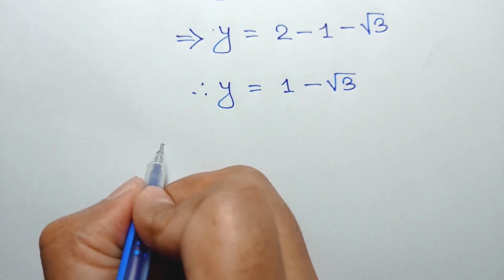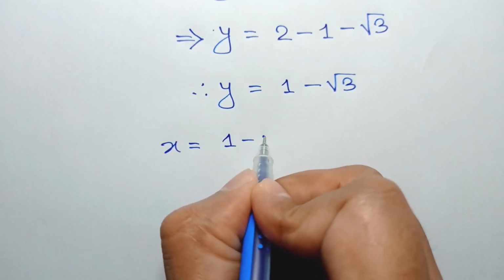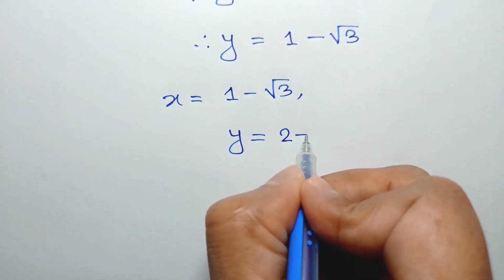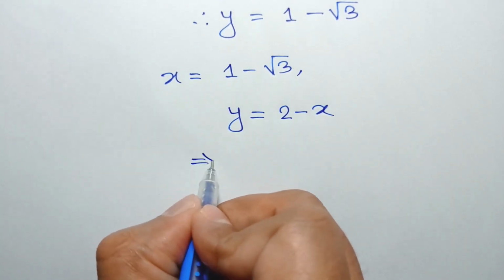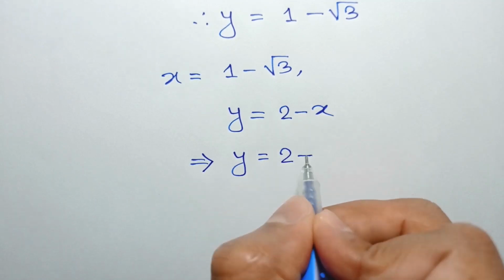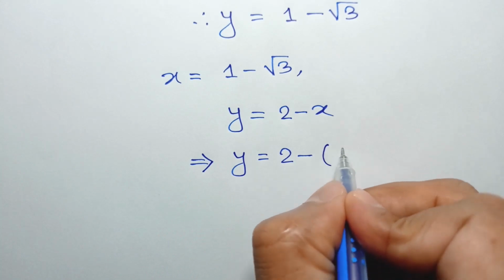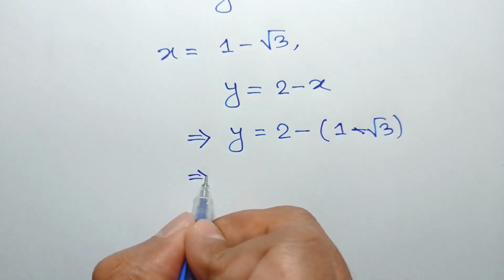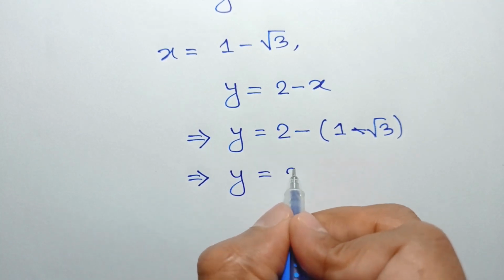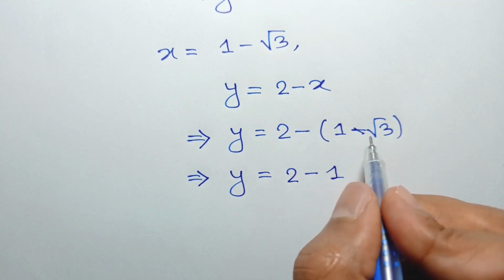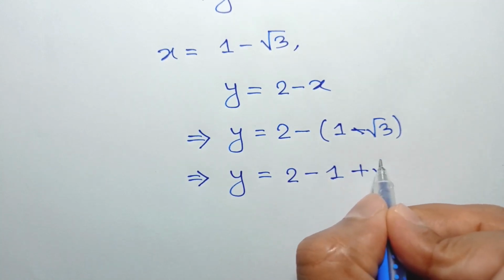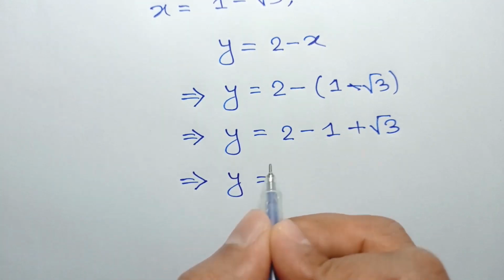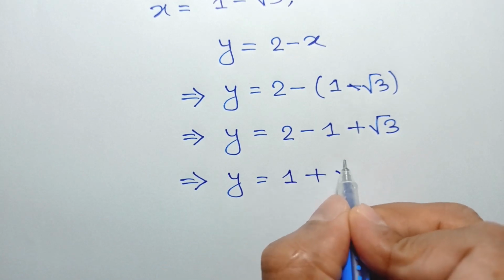Again, when x is equal to 1 minus square root of 3, then from equation 4, y is equal to 2 minus x, or y is equal to 2 minus, substitute the value of x is equal to 1 minus square root of 3, we can write, or y is equal to 2 minus 1, negative times negative square root of 3 is positive square root of 3, or y is equal to 2 minus 1 is 1 plus square root of 3.